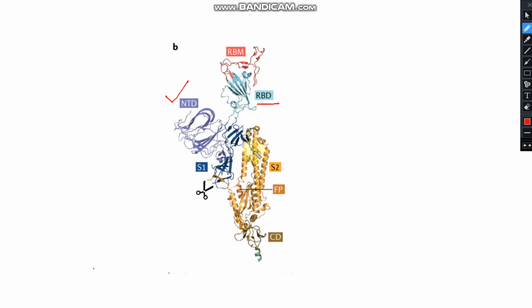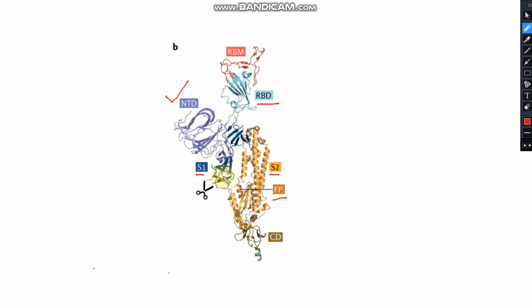There are two subunits, S1 and S2, and these are the fusion proteins. As I mentioned earlier, the furin protein cleaves the S1 and S2 subunits here. This cleavage is very important for the spike protein to work properly.